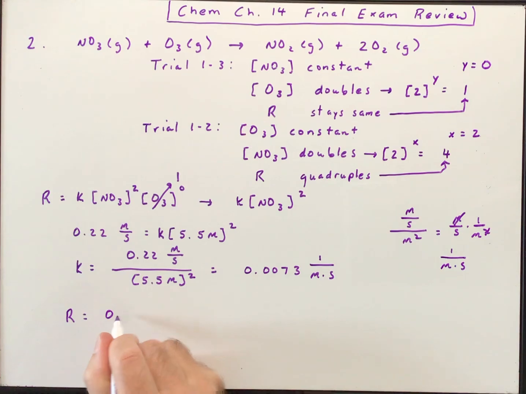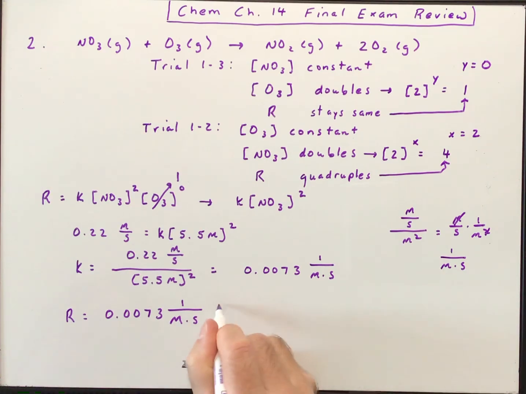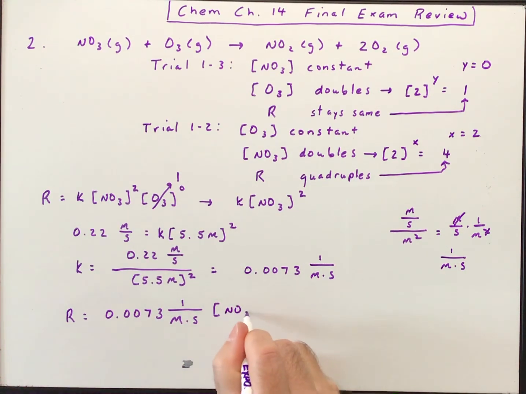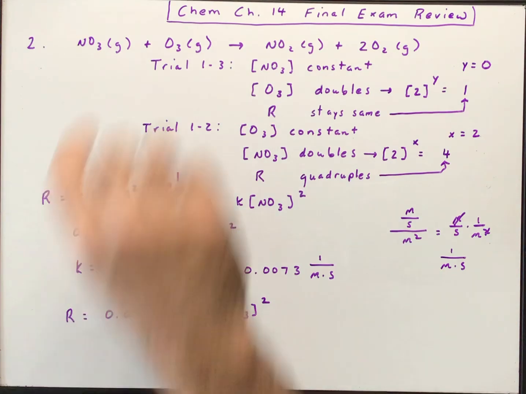R is equal to 0.0073, 1 over molars times seconds, times the concentration of NO3 squared. And then ozone is just not a part of the rate equation. The concentration of ozone just doesn't matter in this instance.